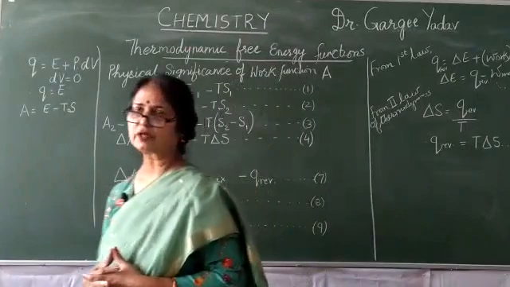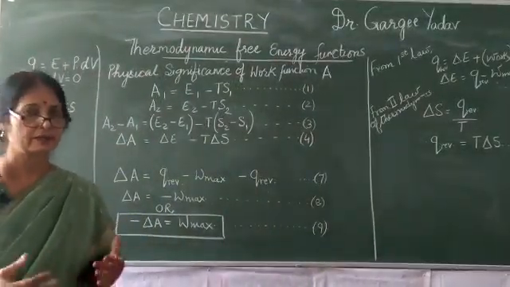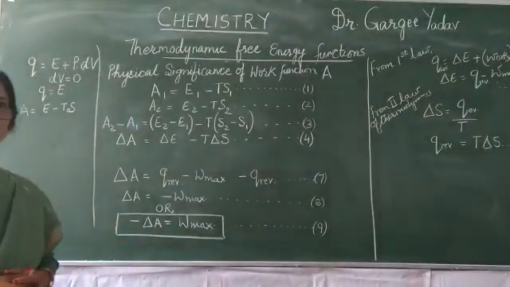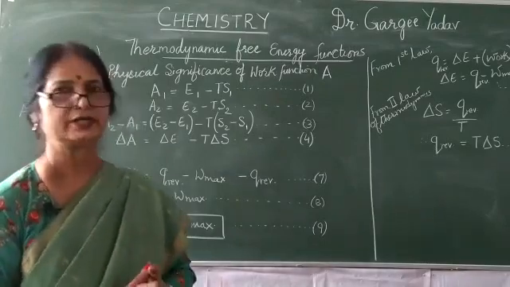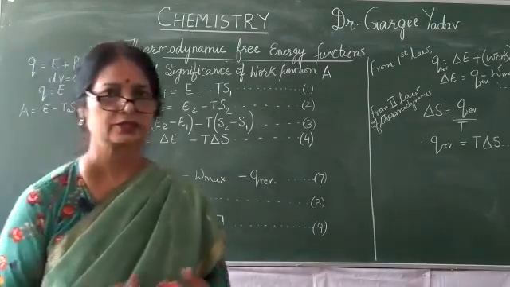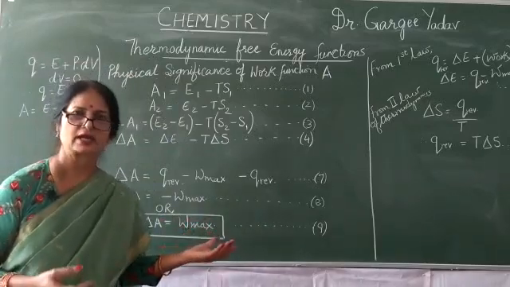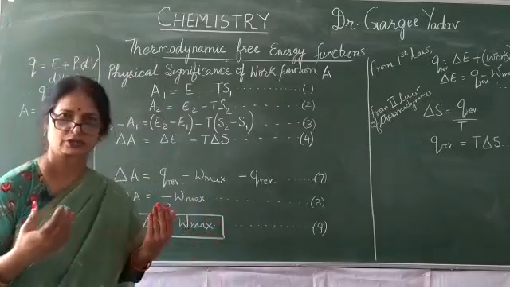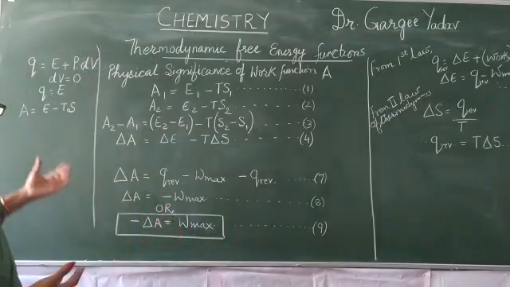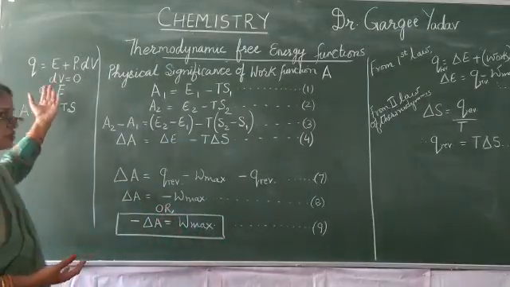From the first law of thermodynamics, we all know that the heat supplied to the system is used partly in increasing the internal energy of the system and partly in doing the external work. Now in this case, as we have seen, it is carried out at constant temperature and constant volume, so suppose this is the expression for the first law of thermodynamics.